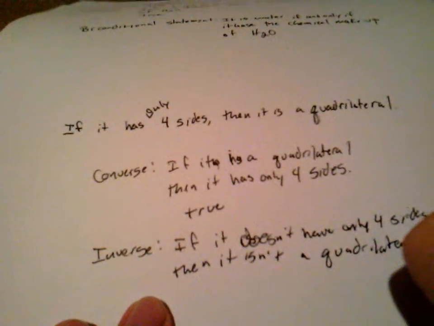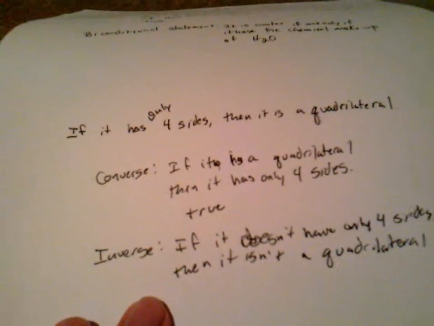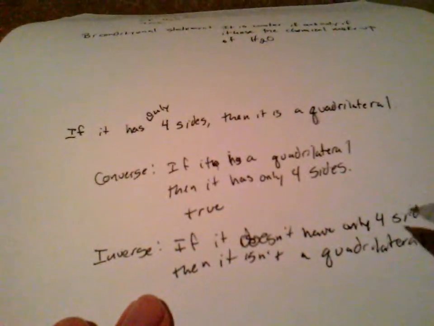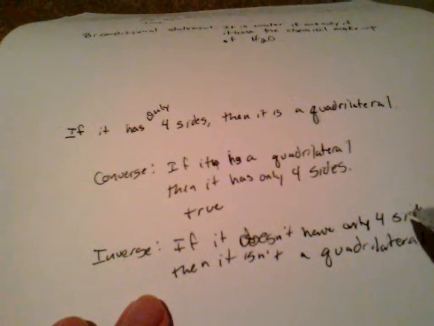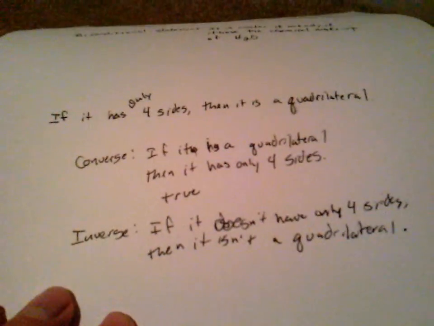But once again, if it doesn't have four sides, then it isn't a quadrilateral. That's a good definition, because if it doesn't have four sides, it could have 3, 8, 0, doesn't matter. Without just having four sides, it can't be a quadrilateral, so that is also a true statement.